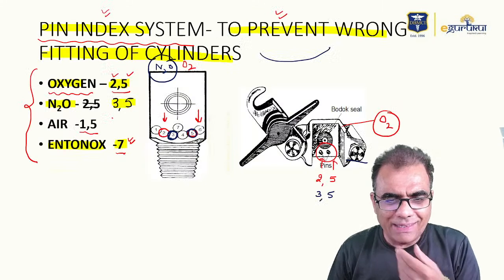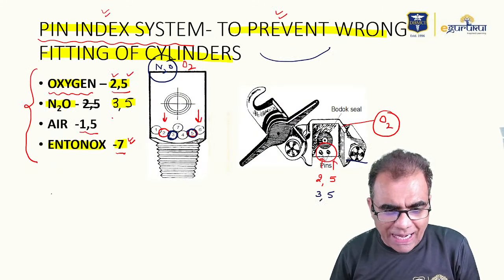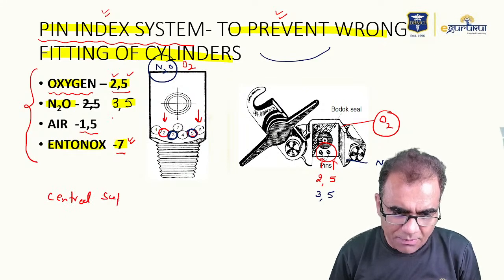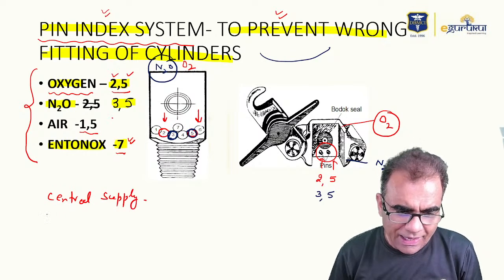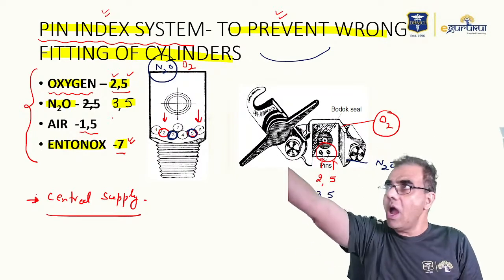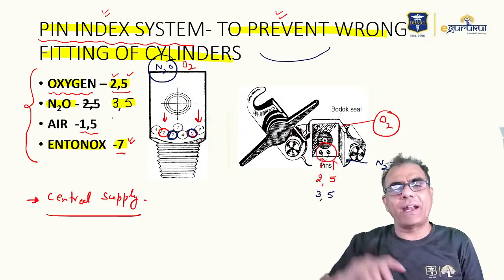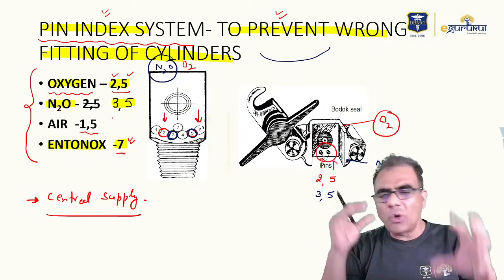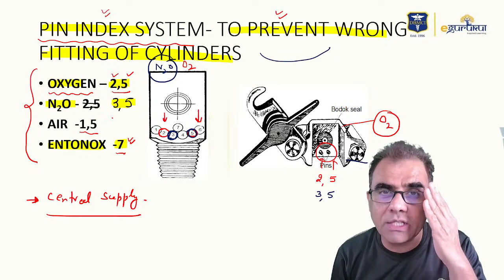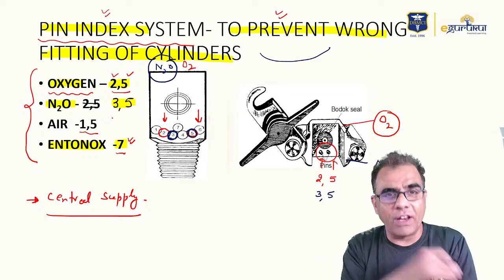Okay. Then another source may be central supply. Sometimes gases are coming through central supply. There is a central supply room, and through pipes, gases are coming directly to anesthesia machine, so that you need not change cylinders very frequently. If your consumption of gases is more, obviously, you cannot change cylinder very frequently.